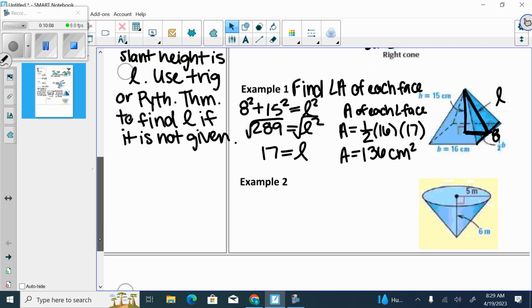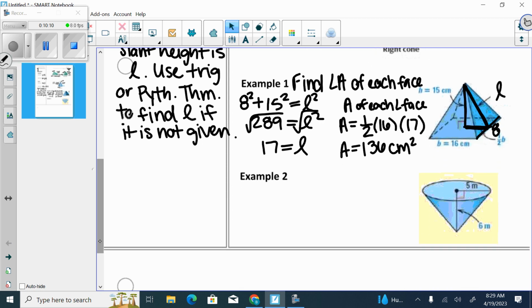Okay, example 2. For this one, we are going to find the surface area. This time we've got a cone. What did we say our formula was for surface area of a cone?